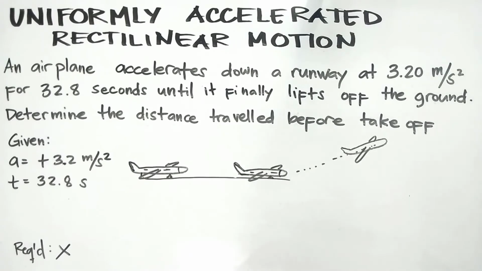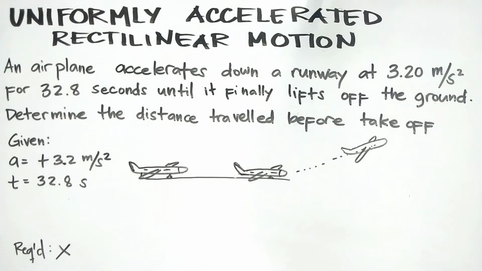Now let's have an example for uniformly accelerated rectilinear motion. We have here a problem. An airplane accelerates down a runway at 3.2 meters per second squared for 32.8 seconds until it finally lifts off the ground. Determine the distance traveled before takeoff.